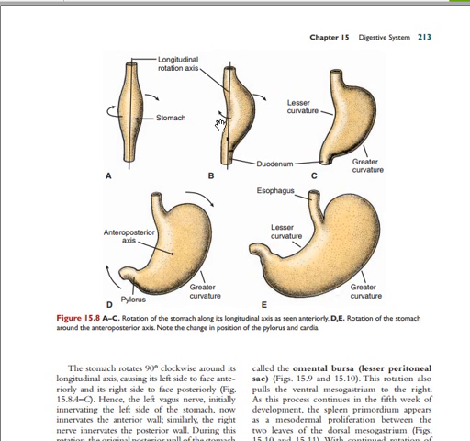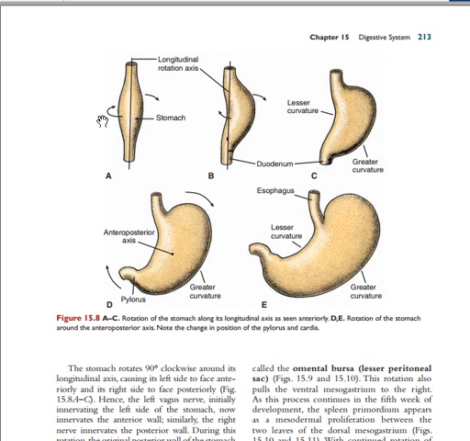Is it clear? So the 2 vagus nerves: the one which was supposed to be at the right is now going to go posterior, while the one which was at the left is now going to go anterior. That's why the vagus nerve at the level of the respiratory tract is not called the right and the left vagus nerve, but instead the anterior and the posterior vagal trunk.